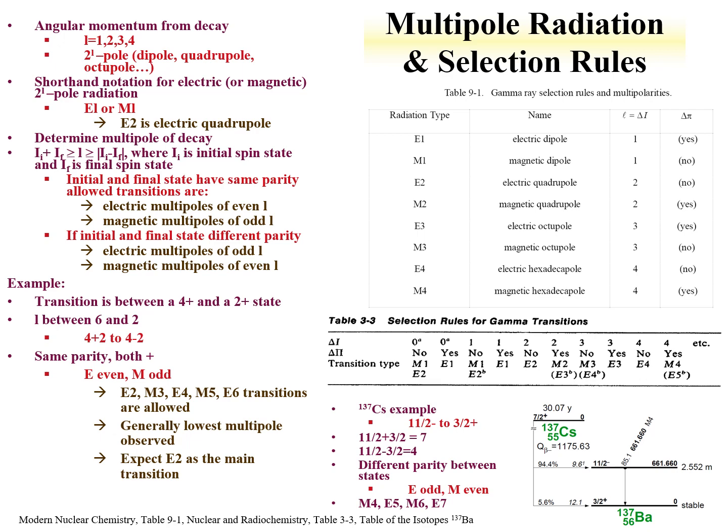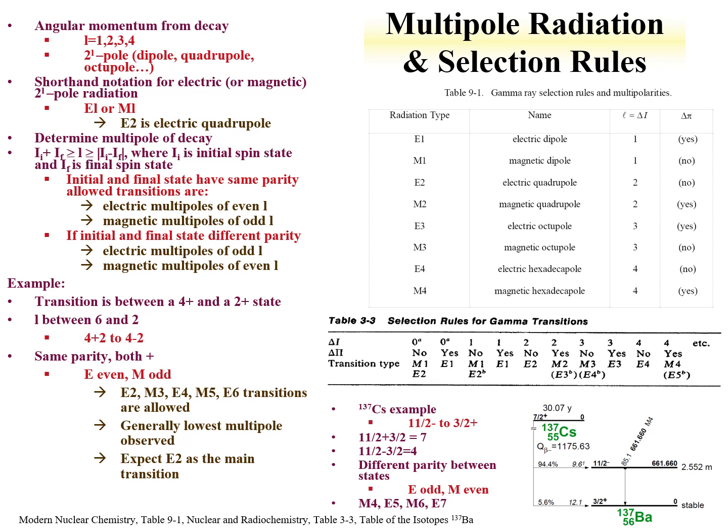Now there are routes where we can determine the multipole of the decay. All we're going to do is look at the spin and parity of the initial and the final state. So here we have the spin and parity of the initial state and the spin and parity of the final state. We can use this to determine the angular momentum of the decay, which will be used to evaluate what this multipolarity is. Basically, the multipolarity can run from the sum to the difference of the initial and final state spins.